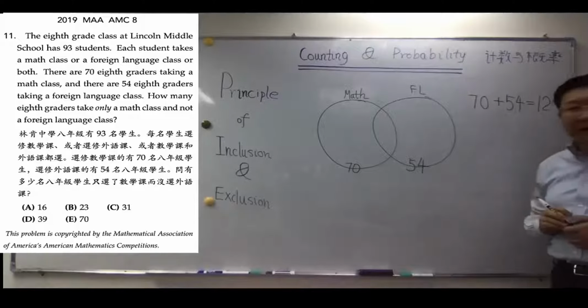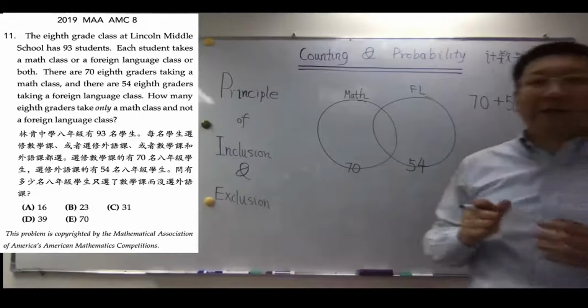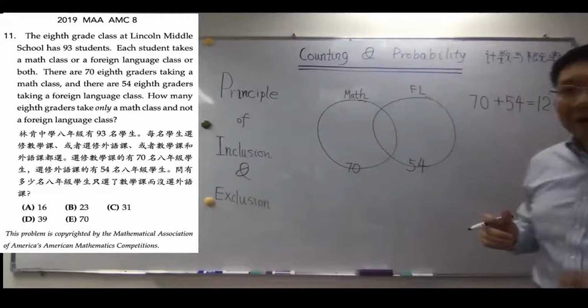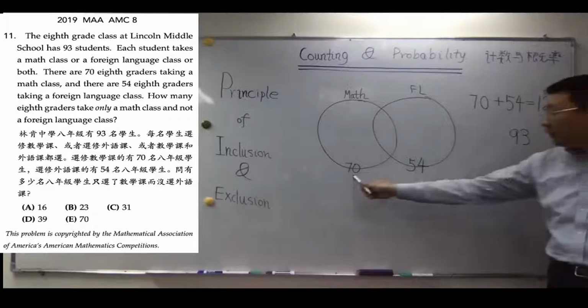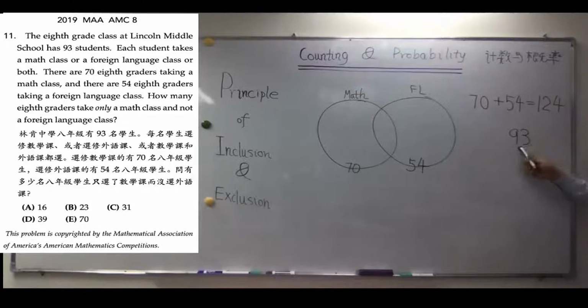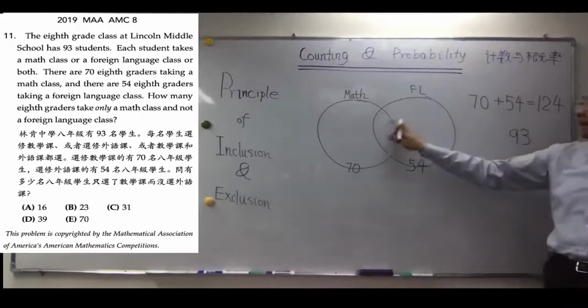Okay, what's the other condition we have to use? That is how many students there are altogether. We have 93 students. Oh, why is 70 plus 54 greater than 93? That is because there's a common part.